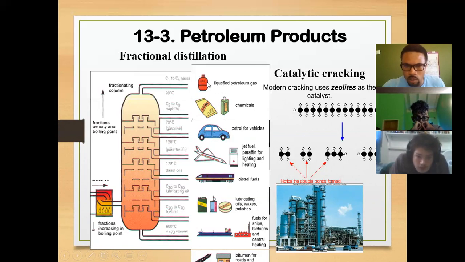And in the diagram, we're going to see the uses that we can have. So hydrocarbons between 1 and 4 carbons, we could use them in LPG gas. That's what we use to cook. Example, propane.